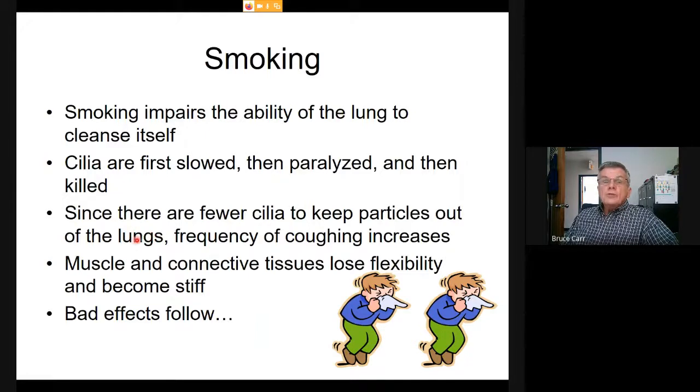Fewer cilia means your mucus escalator basically stops. You know what happens at the mall when the escalator stops, you have to walk up the stairs. Well, there's no such possibility. You only have coughing. So the smoker's cough increases, and the frequency and the severity of smoking cough does increase.